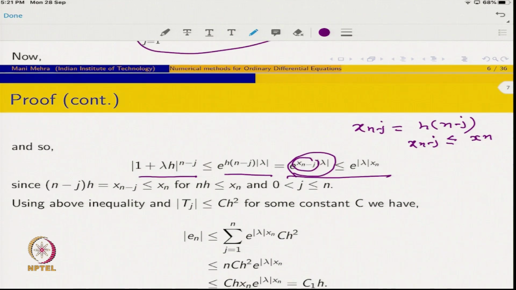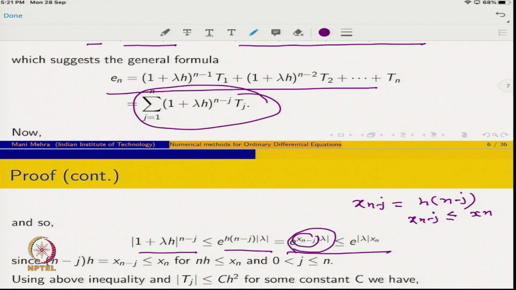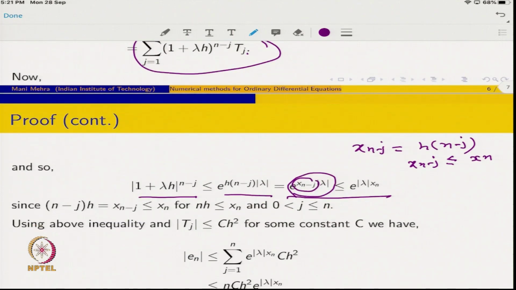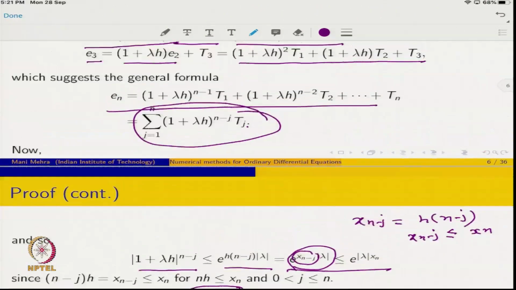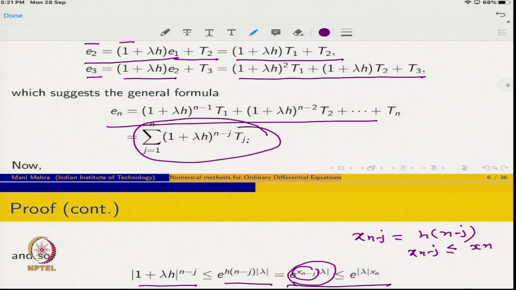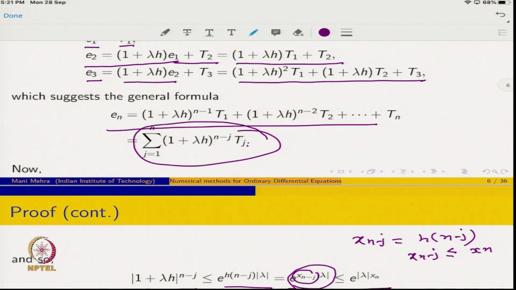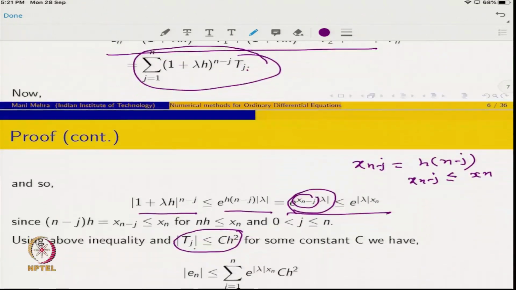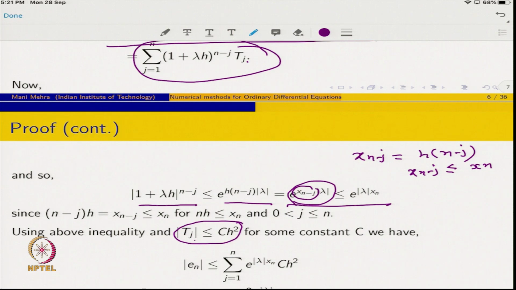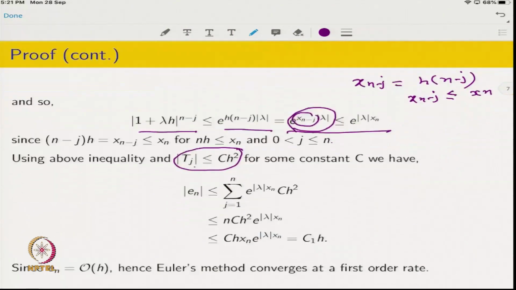We also want to bound this term Tj, which is less than Ch squared, because Tj is the truncation error involved in one step. T1, T2, T3, T4, these are the truncation errors in each step. So, that is Ch squared for some constant C.